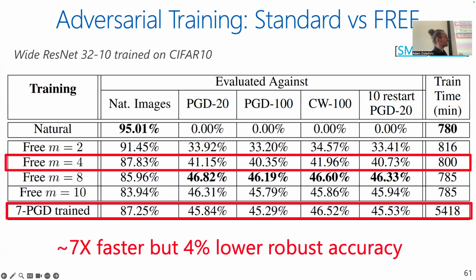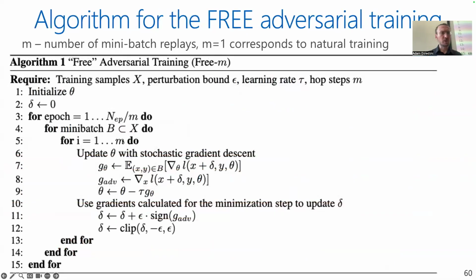So m is actually how many times we reuse the mini batch. Basically, in line 4 of the algorithm, you choose a mini batch from the samples in X, and then for m iterations, you reuse the same batch.